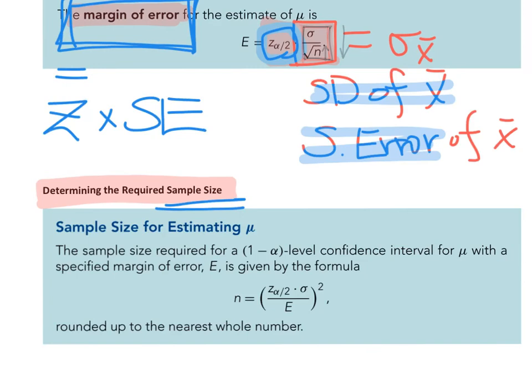If I make a questionnaire with 5 sheets, it costs 50 cents. If I want a sample size of 100, how much should I pay? 50 cents times 100, $50.